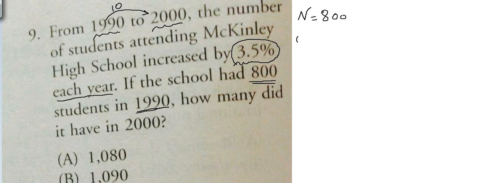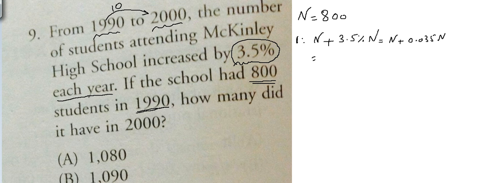In the first year, what happened? This n, the number of students, increased, meaning 3.5% of n, of the 800, was added to it. So it's n plus 3.5% of n. 3.5% is 3.5 divided by 100, so it's 0.035 of n.